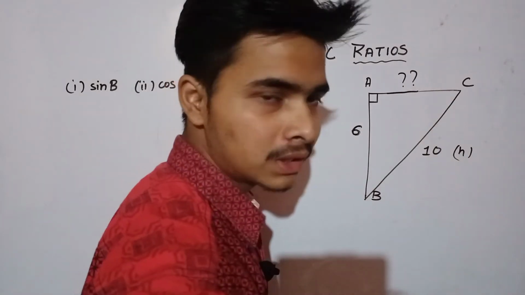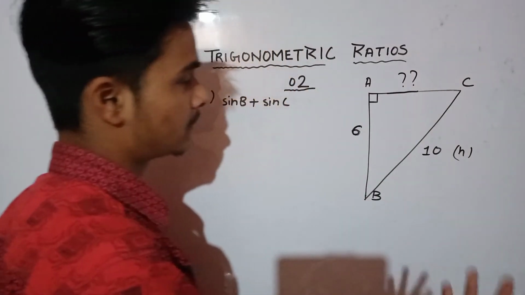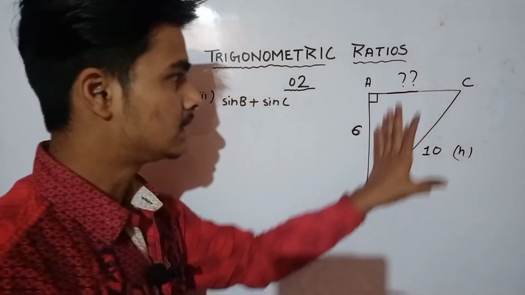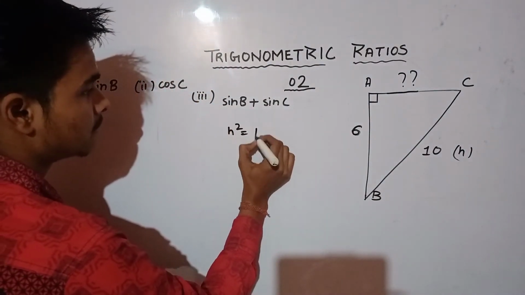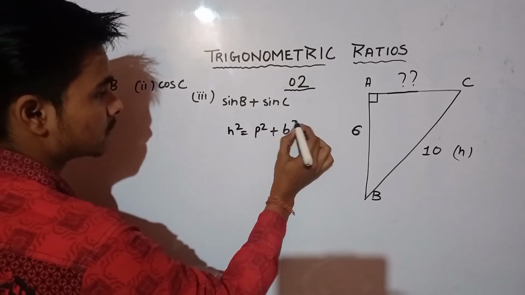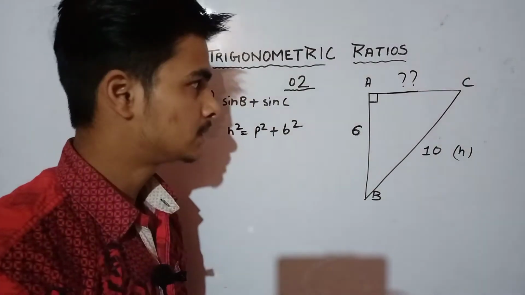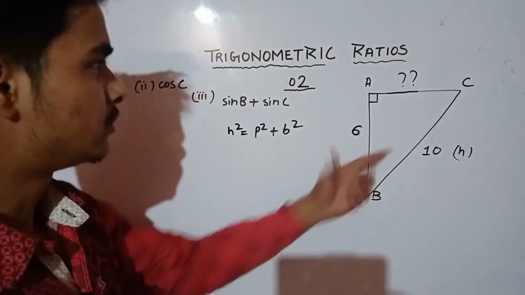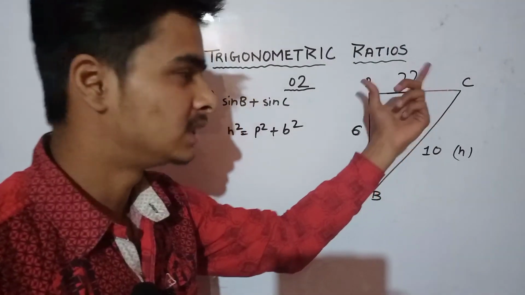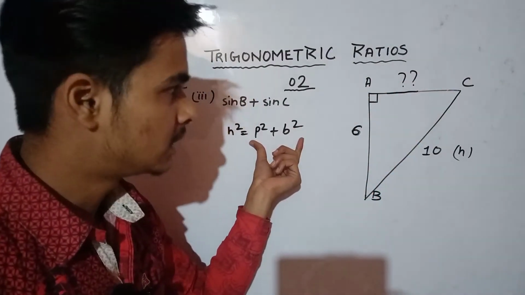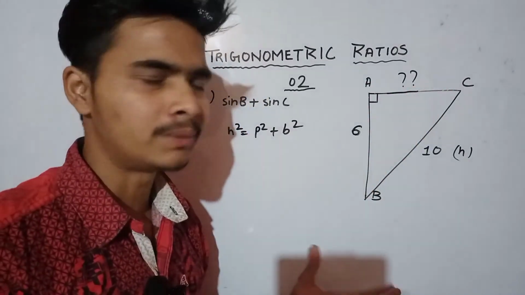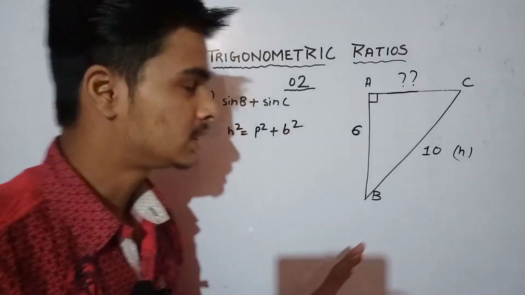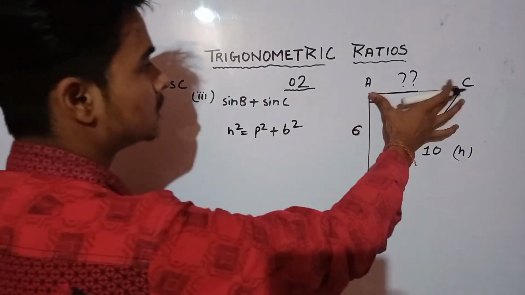We do not know whether it is a base or perpendicular, but we can obviously find this value. How? We have the Pythagoras theorem, h square is equal to p square plus b square. If you consider it as perpendicular or as a base, it will be a sum either way. So no matter, let's find this value.